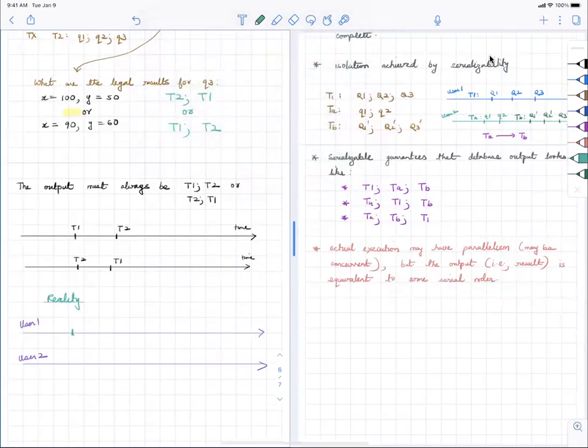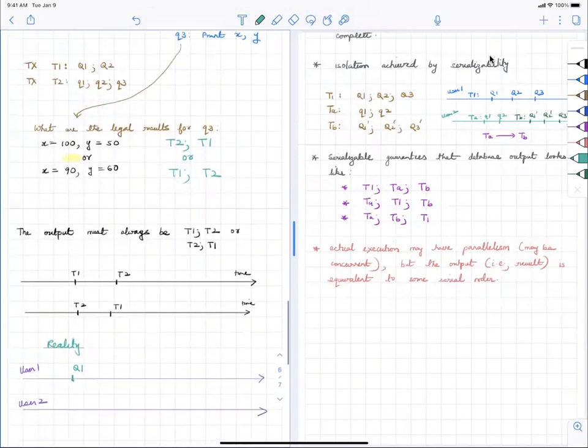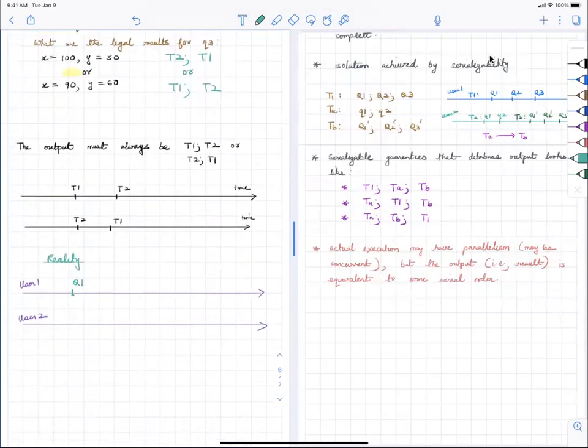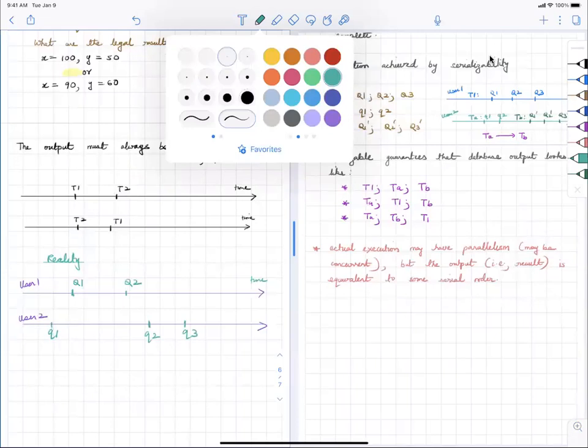You have Q1 and Q2. So Q1 happened and then Q2. And maybe out here it was Q1 first at this point. So I'm showing time out here, okay? And then let's say we have Q2 and then Q3. So maybe this is what's happening in reality.